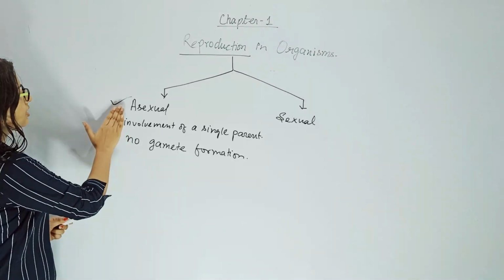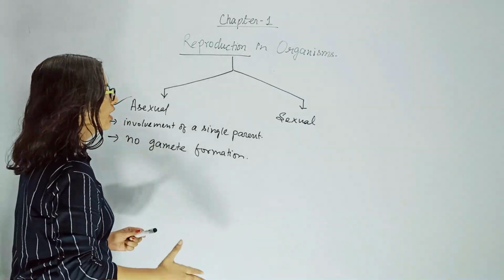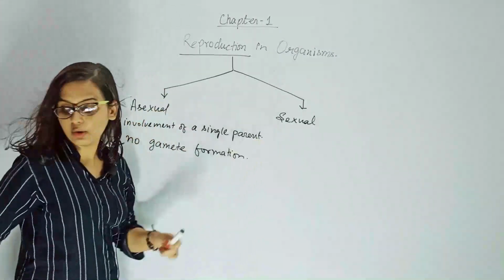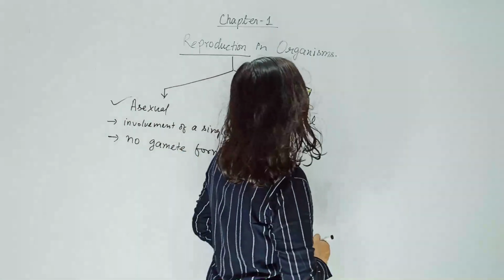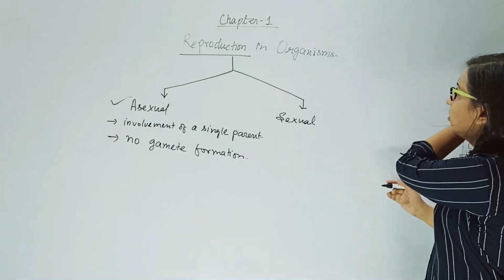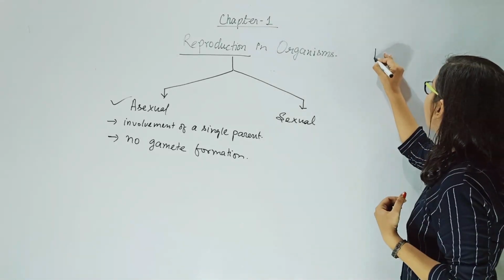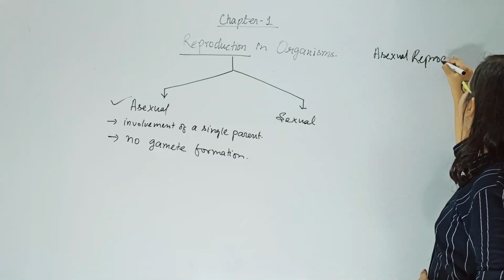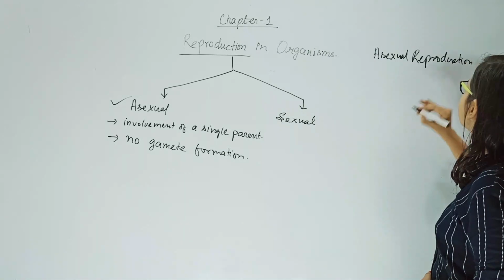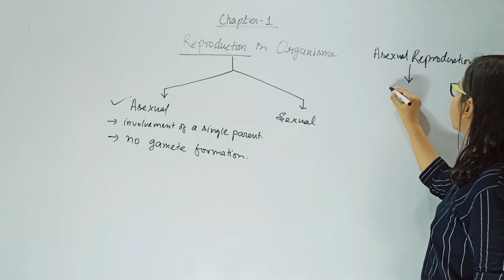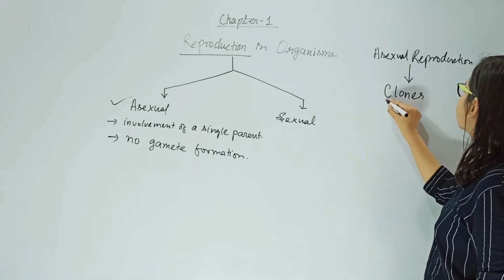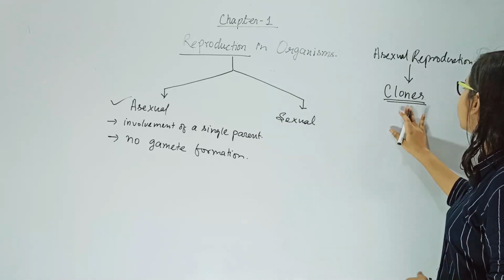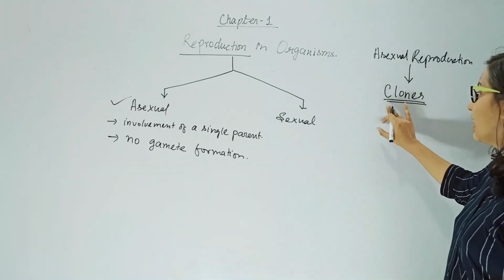Now we are going to discuss asexual reproduction in a little greater detail. I am going to write it out there, hope it will be visible to you. In asexual reproduction, the first thing you have to know is what are clones. This term is mentioned in your NCERT and you can be asked to define clones in your board exam.